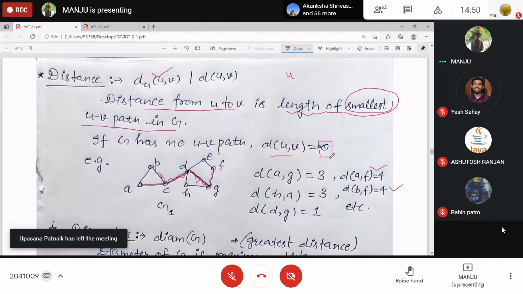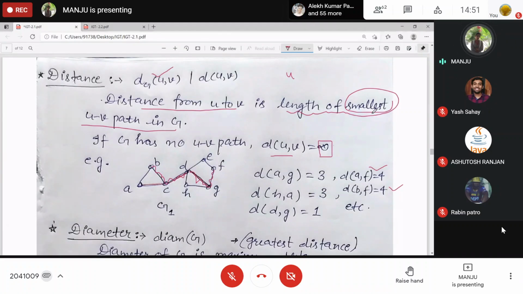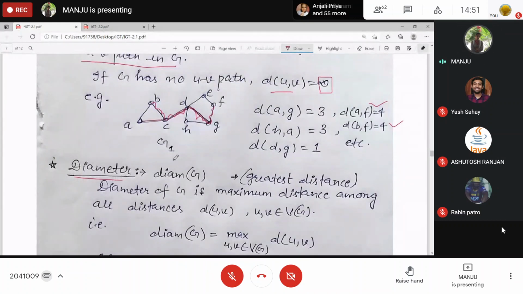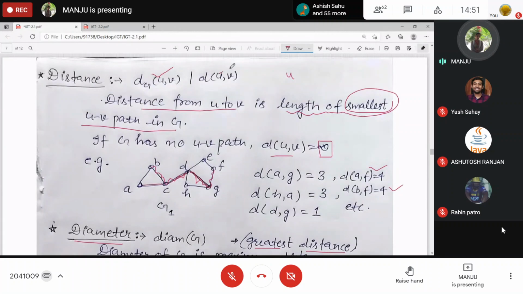Now, distance is the smallest length of a U to V path, that is, the smallest path length between U and V. Right. Now diameter. Diameter is what? You take the greatest distance among any 2 points. Distance is from U to V, but you calculate all the distances, and the largest one, the greatest one, will represent the diameter of the graph.